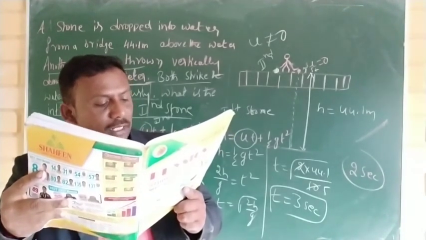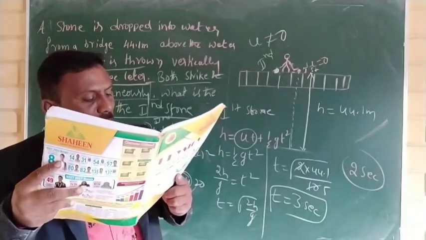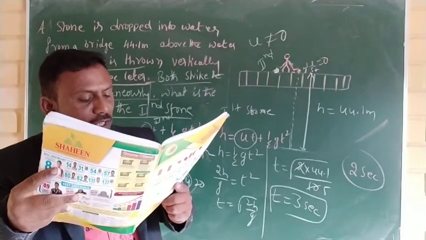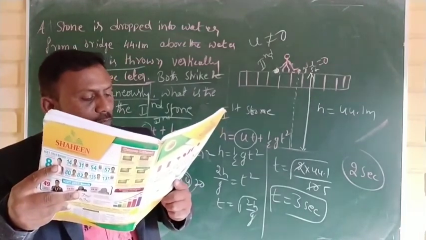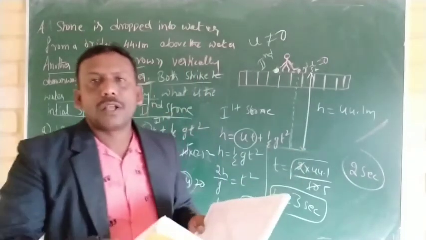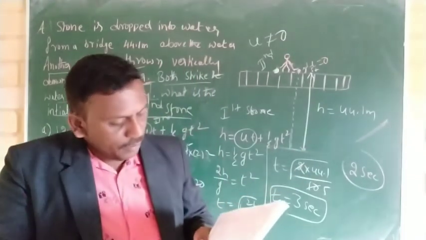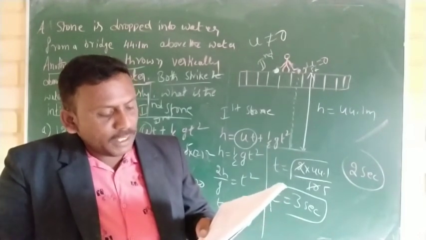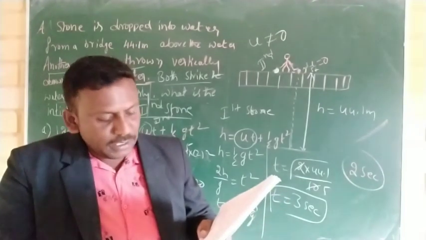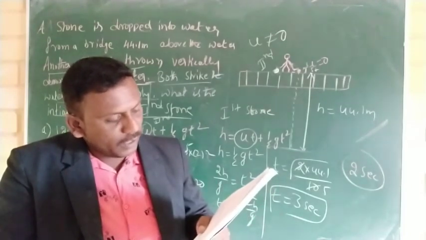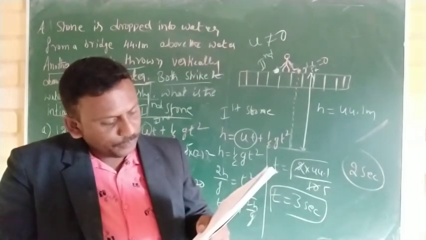They will meet at which height from the surface of the tower? Option A, 100 meters. Option B, 320 meters. Option C, 80 meters. Option D, 240 meters.